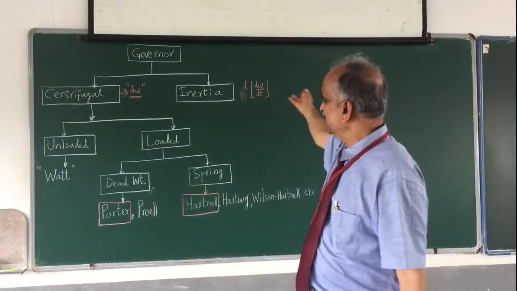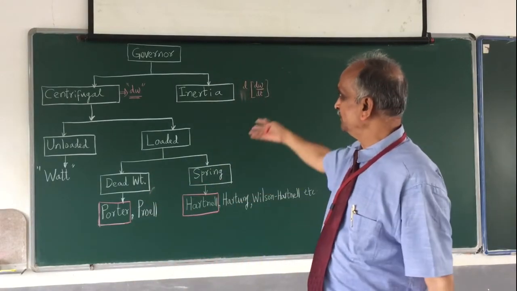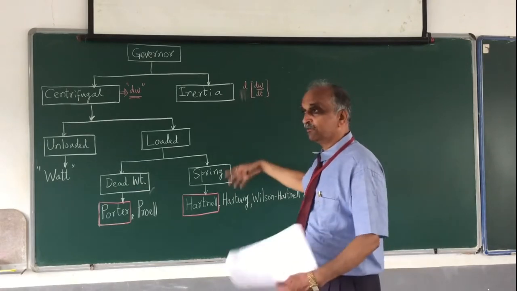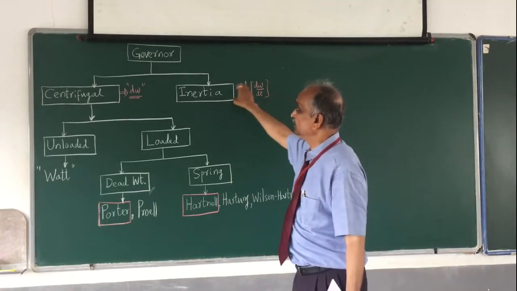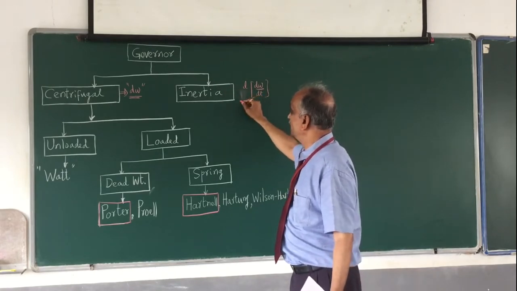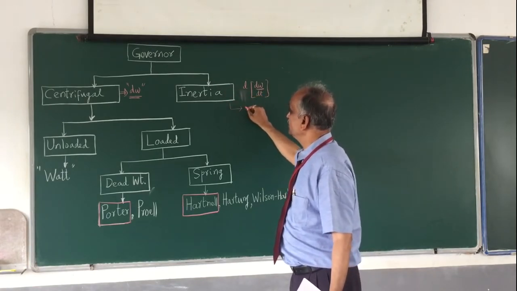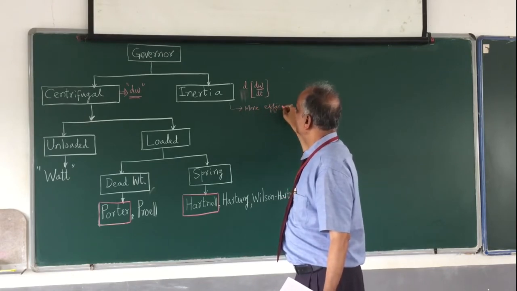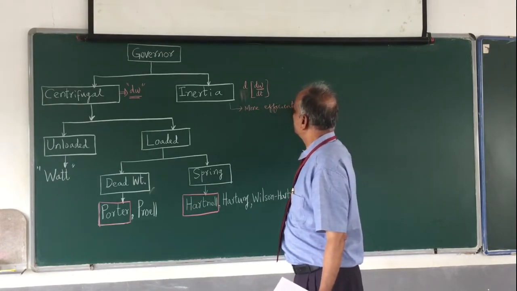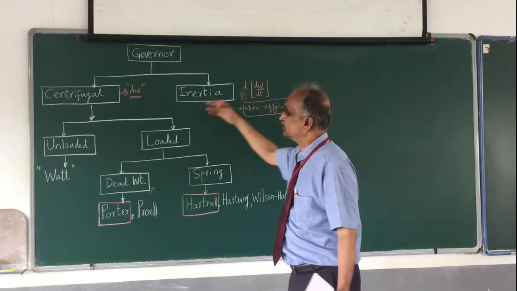So, looking at this, the inertia governor appears to be better. The rate of change of speed is taken into account in the inertia governor, and it appears to be more efficient in the way it works.